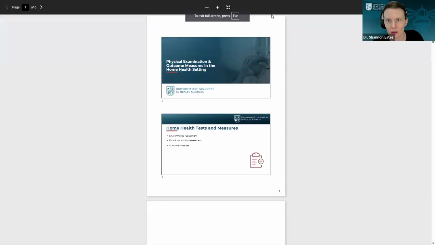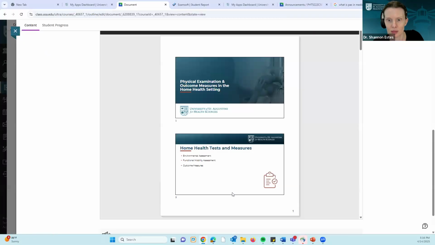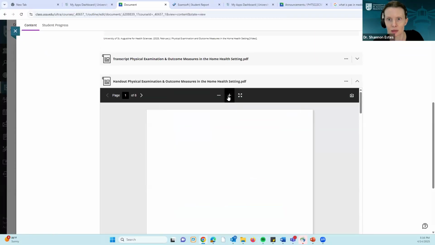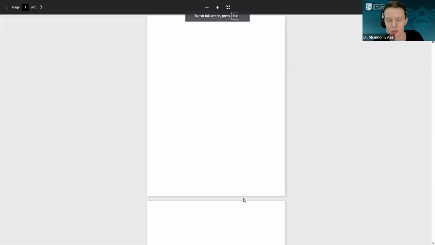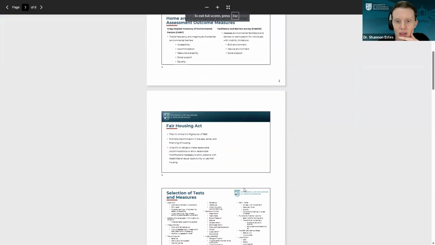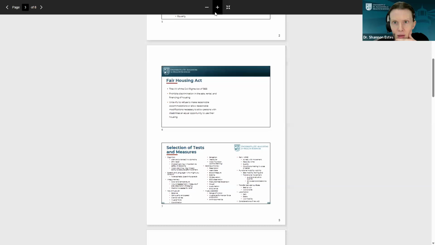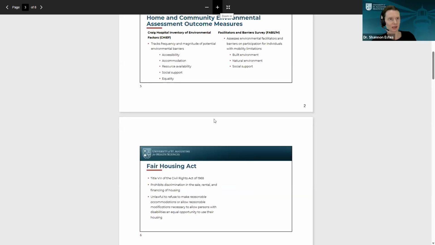However, you might notice, okay, let me share this bigger now. You might notice that within each setting, some of the outcomes exist in the other settings.